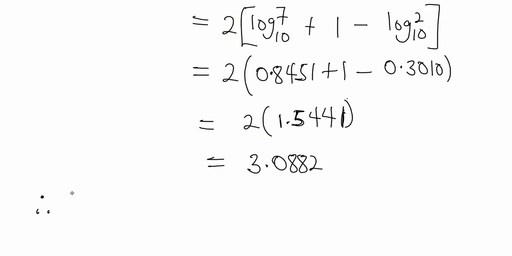Therefore, the logarithm of 35 squared base 10 is equal to 3.0882. And this is how we can find the value of log 35 squared base 10 without using a calculator.